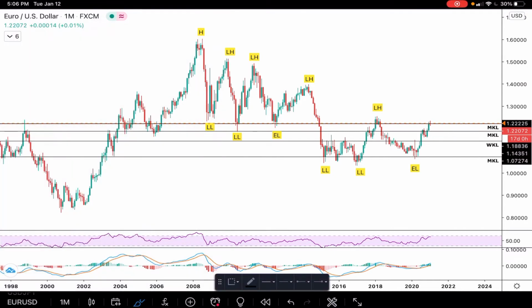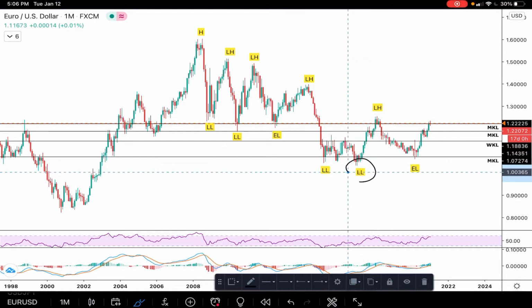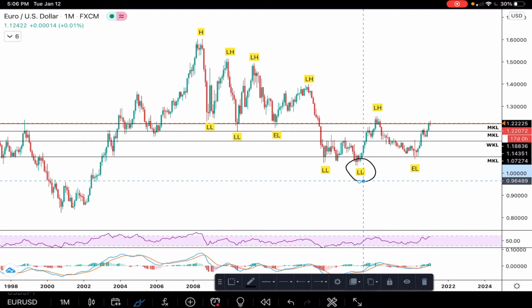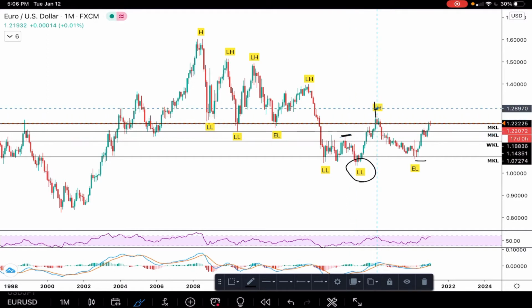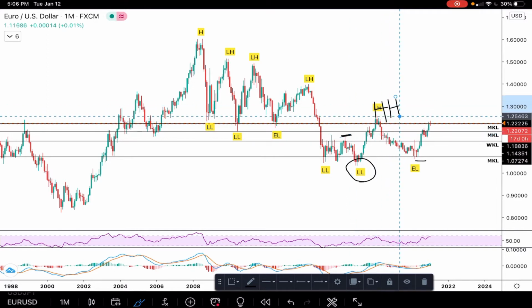You could say market structure right here at this lower low, it failed to create another lower low, and it created an equal low right here. And also it broke this lower high and created a higher high, which we could say, let's just say that's a higher high, right? But right now we don't know if it's creating another higher high.